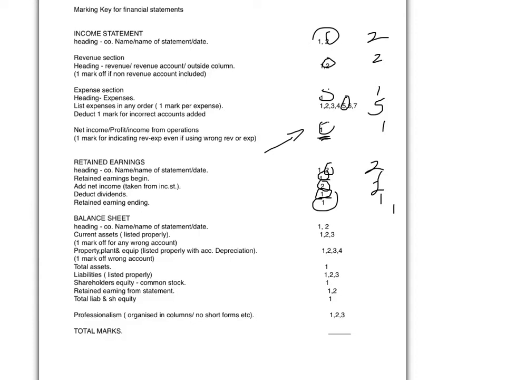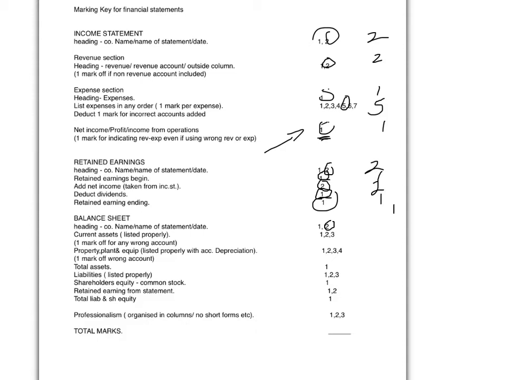Now we get to the balance sheet. Balance sheet is a little more involved. Again, the heading, the name of the company, the name of the statement, and the date as at December 31st. 2 marks there. The current asset section is identified.